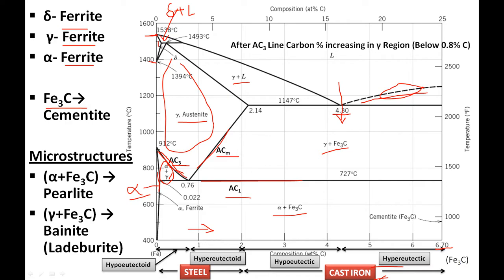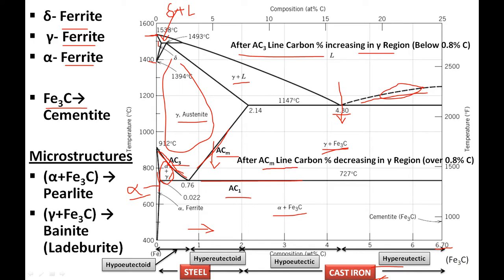After the AC3 line, carbon percentage increases in the gamma region. That means carbon shifted to the gamma position, so alpha is almost pure iron. Then after the ACM line, that means this line, you can find gamma and Fe3C. After the ACM line, carbon percentage decreases in the gamma region.